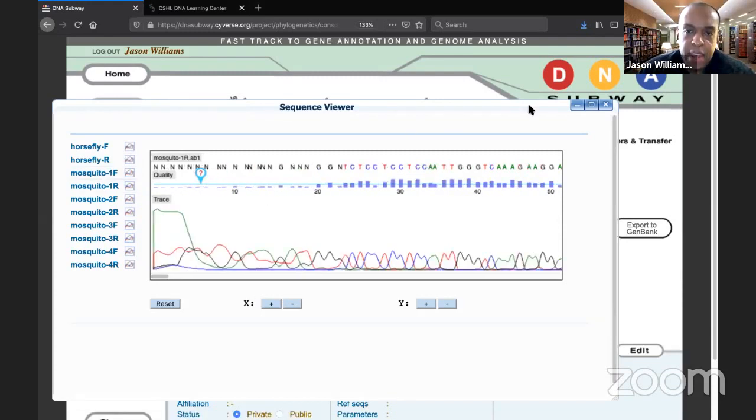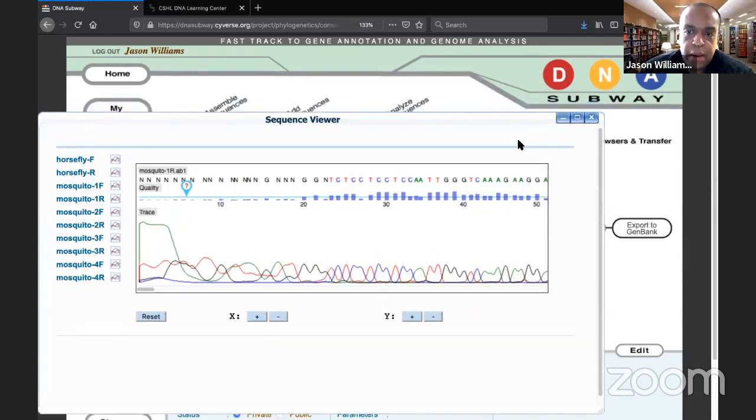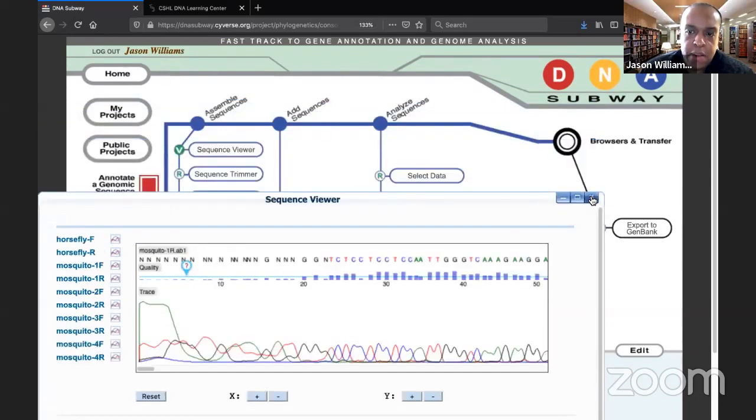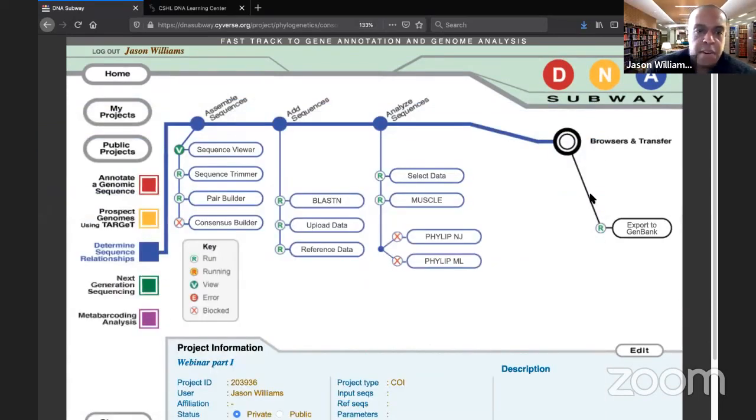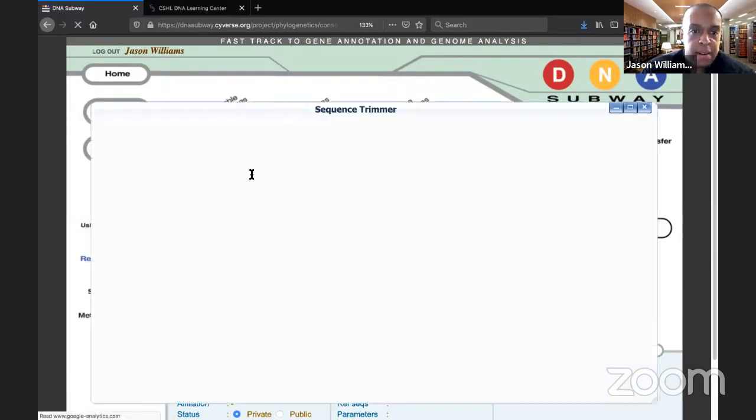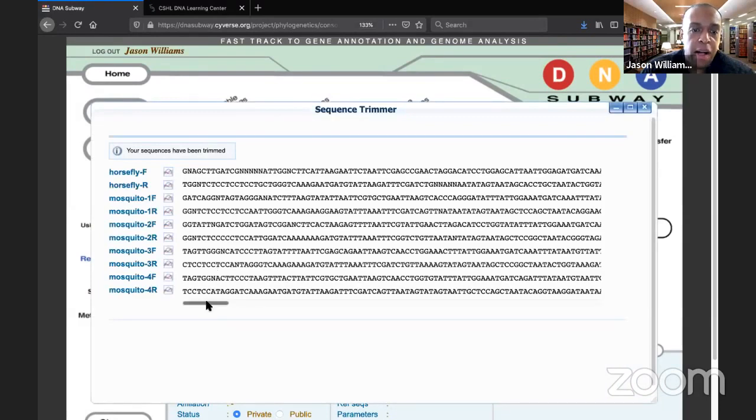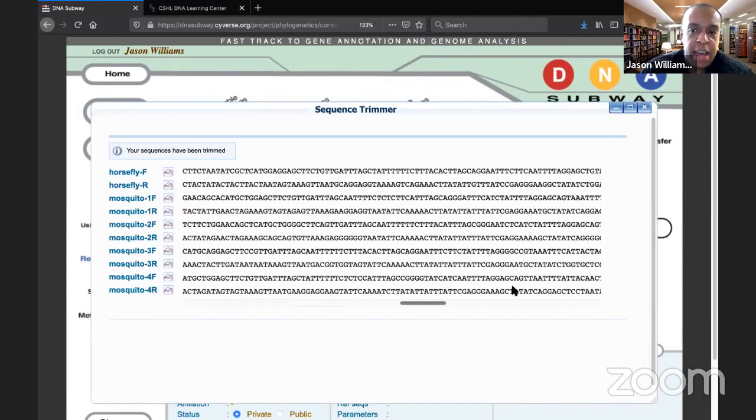So the next thing we're going to do is really quick, and then we're going to get to the reverse complementation. The next thing we're going to do is click on Sequence Trimmer. What Sequence Trimmer does automatically is pull off most of the ends at either end.